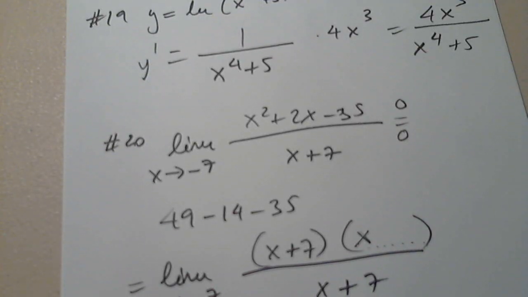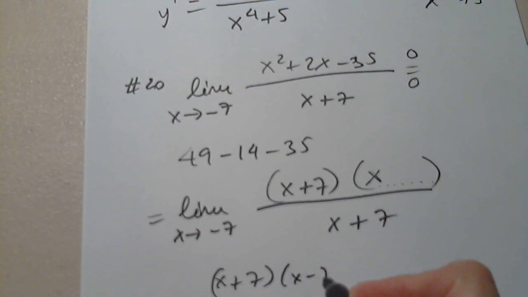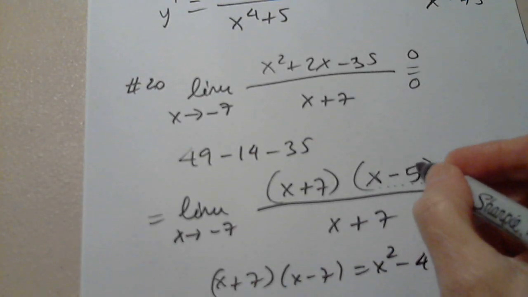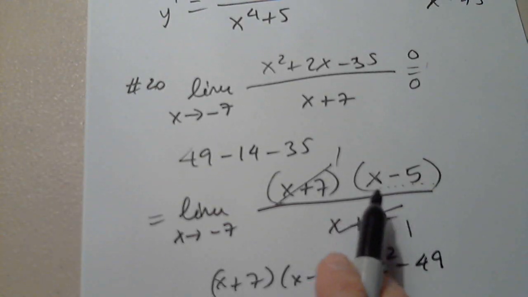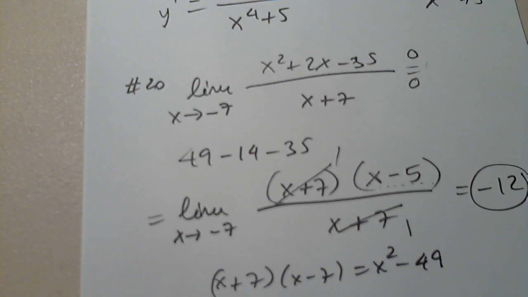Is it x minus 7? So x plus 7 times x minus 7 would be x squared minus 49. Oh, that's okay. Say it again. Minus 5. Yes, very good. Indeed, it's x minus 5. So then we eliminate the problem. We eliminated the 0 over 0 situation. And now when I plug in -7 minus 5, nice, -12.